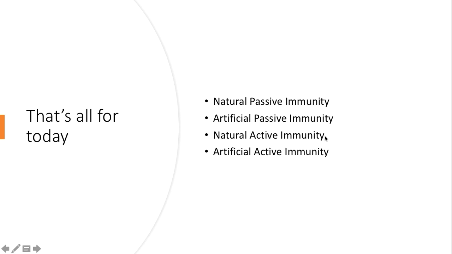Natural active means you have been infected, naturally infected by the virus, macam demam campak. Artificial active immunity means you get the vaccine that contain the dead or weakened virus that will help stimulate the production of antibody. Okay, so ingat apa beza passive and active dan apa beza natural and artificial.